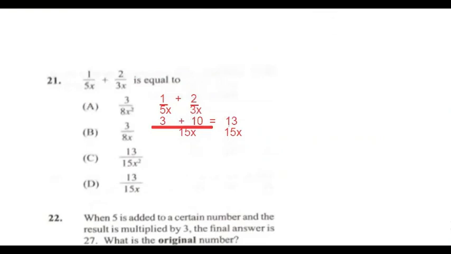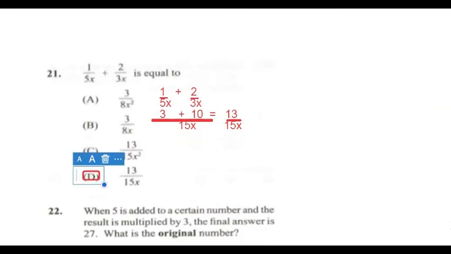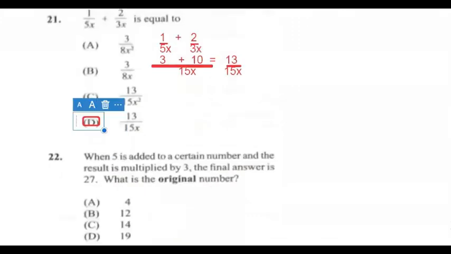So now we have 10 plus 3 to give us 13, and our denominator remains, so it is 13 over 15x. Our answer for 21 is D, and we are moving nicely along.